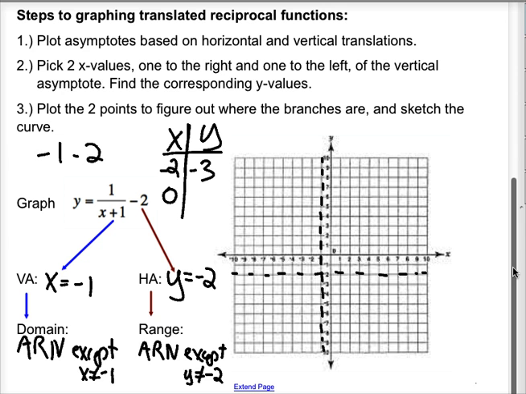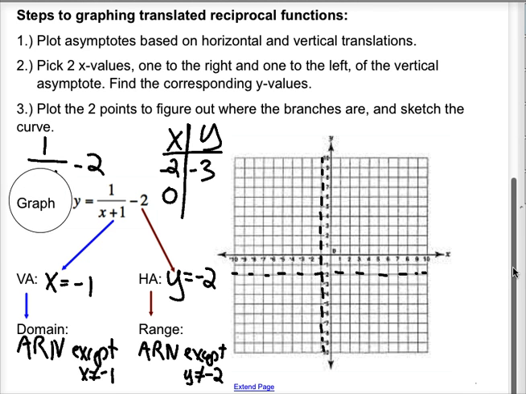All right, so I have that first point. Now I'm going to plug in 0. All right, so that basically becomes 1 over 1, right?